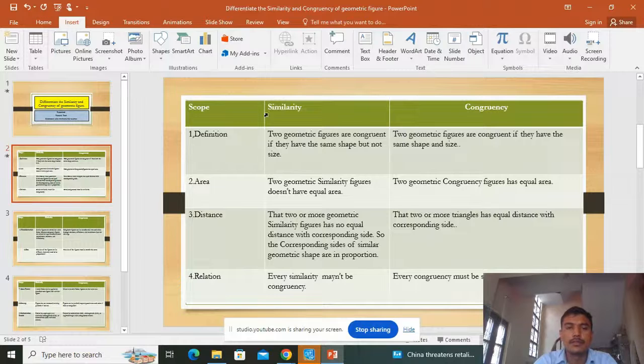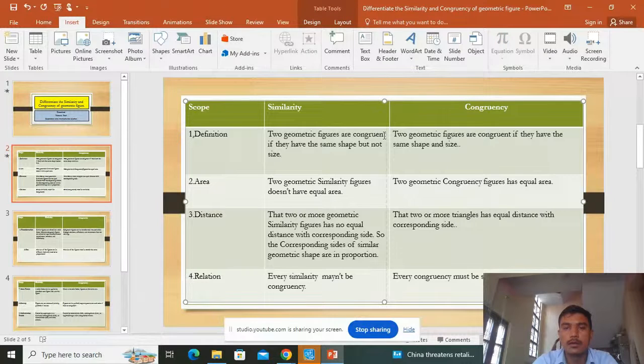Definitions. What is the definition of similarity?